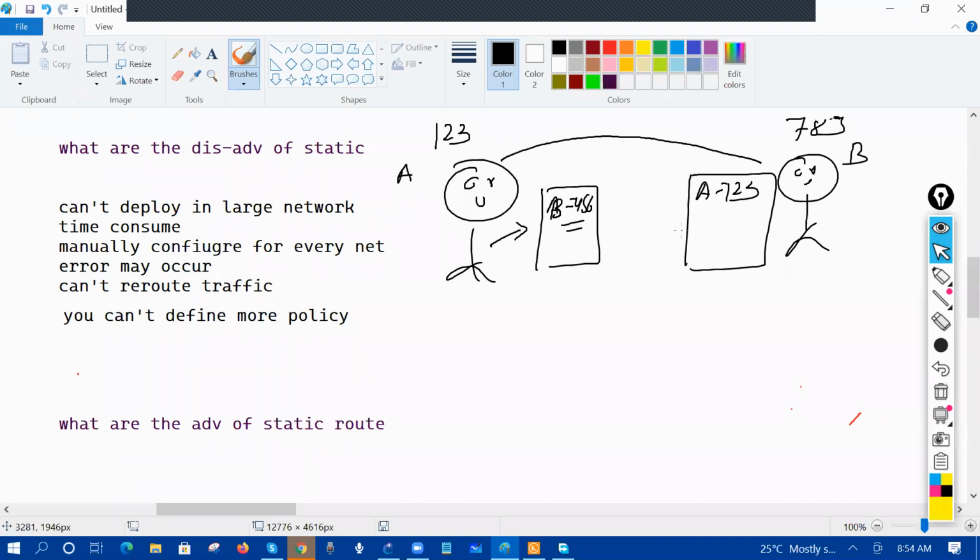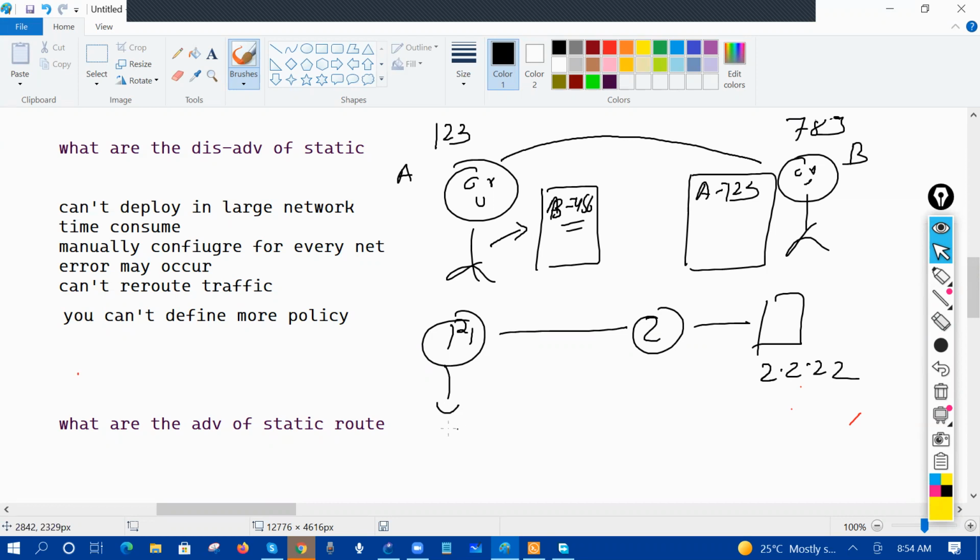So in the manual configuration, what happens, guys? Take an example, router 1 and router 2, and behind router 2 we have a server, 2.2.2.2, and in the routing table of R1 we have the 2.0 information associated with the next hop of R2. But if this guy changes and says, okay, now my IP is 3.0.0.0, what happens?